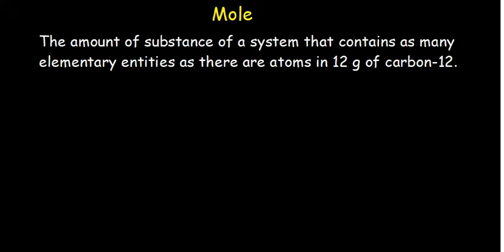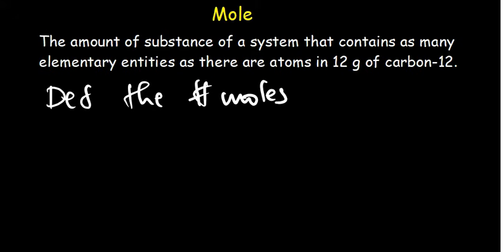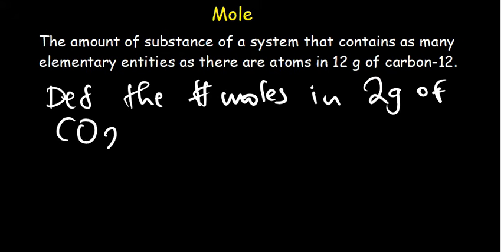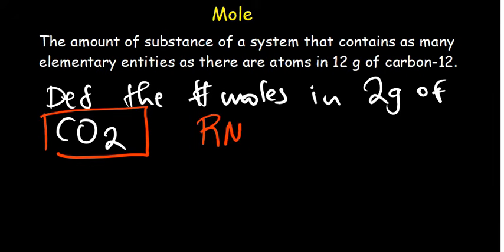So if I give you this: determine the number of moles in, let's say, 2 grams of carbon dioxide, for the sake of an example. Carbon dioxide is a molecule, so you're supposed to determine the relative molecular mass by adding.